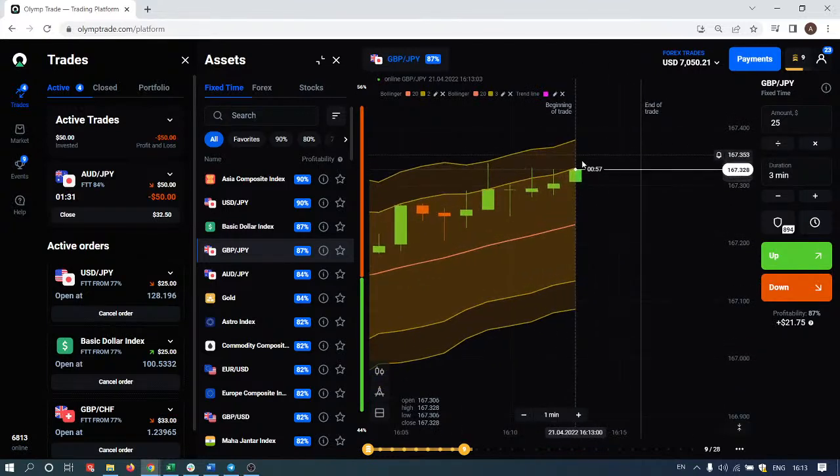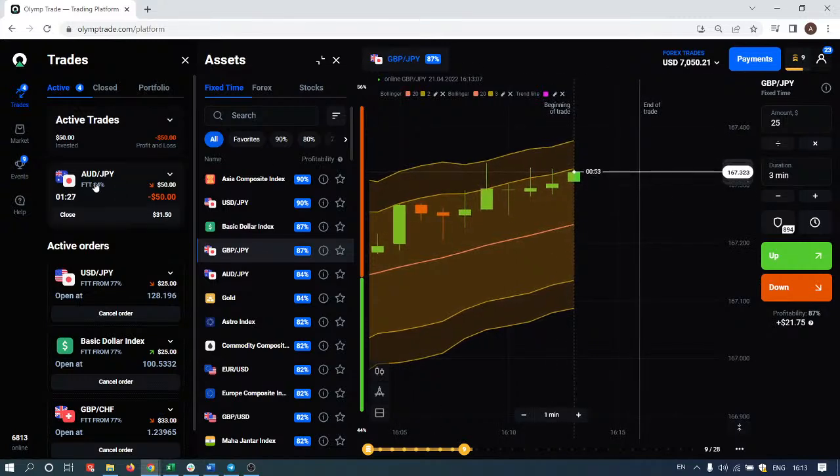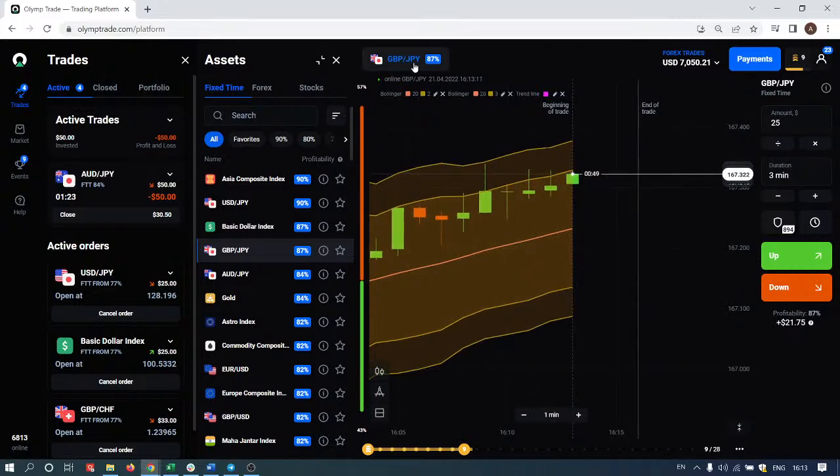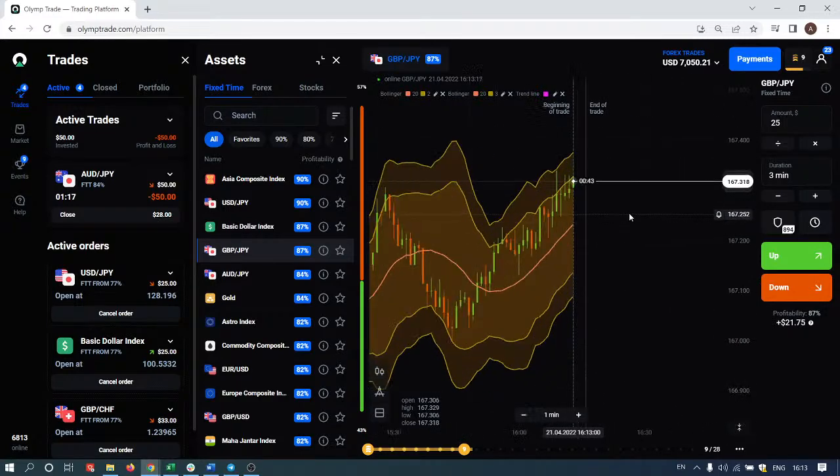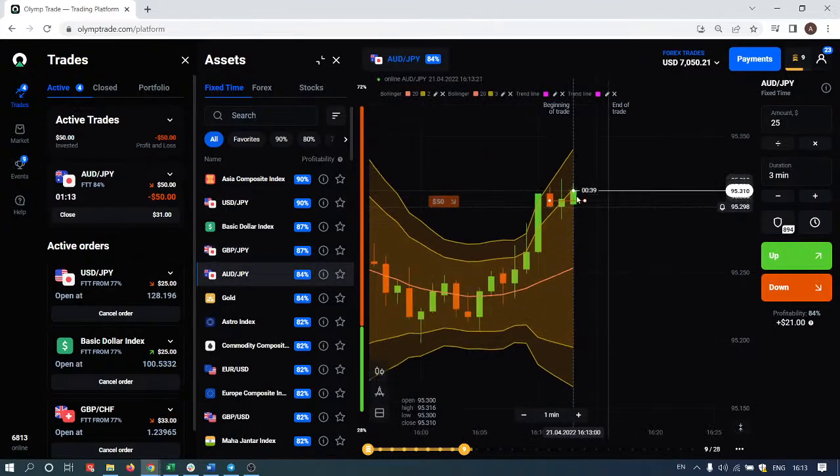So GBP JPY, I can see that this asset correlates with AUD JPY because they both have JPY in the second place.